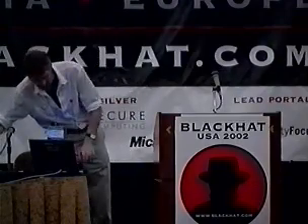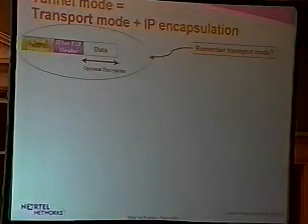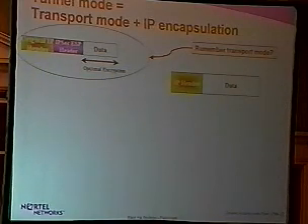Okay, so let's look at that in maybe a little bit more graphic way. Transport mode, again, we looked at this a little earlier. You have the original IP header, and then you have an ESP header and the data. So we'll do the transformation and show how we end up with the same thing as tunnel mode.